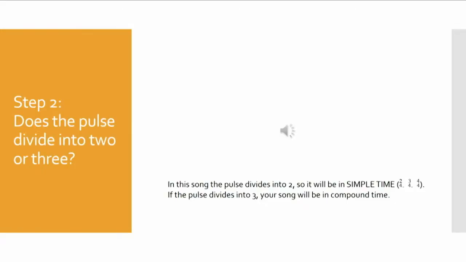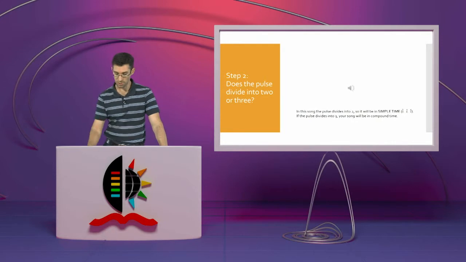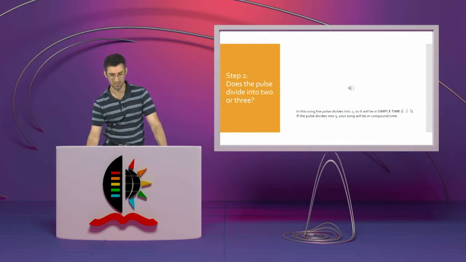Our second step is to divide the pulse into 2 or 3. Here we're going to see if the pulse can divide itself naturally into 2 or naturally into 3, because that will help us to decide what time signature this piece of music is in. So let's listen to it again now, and let's see if we can work out if it divides into 2 or 3.